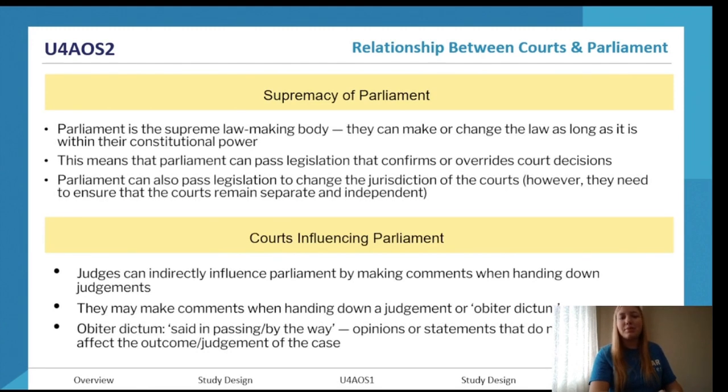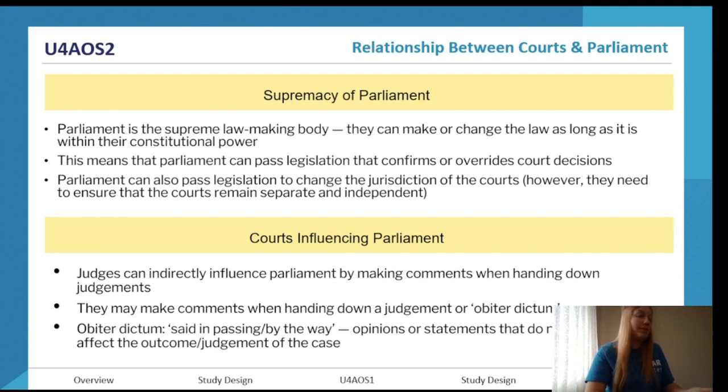So with regards to the supremacy of Parliament, it's important to understand, as I mentioned, that Parliament is the supreme lawmaking body. They're able to change and make laws as they please as long as it's within their constitutional power. Therefore, as I already established, they can legislate to confirm or override, essentially make invalid, court decisions with their laws, as long as it's within their power.